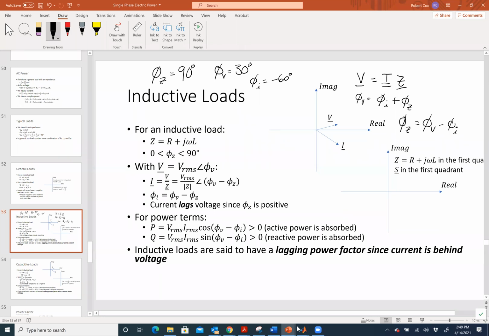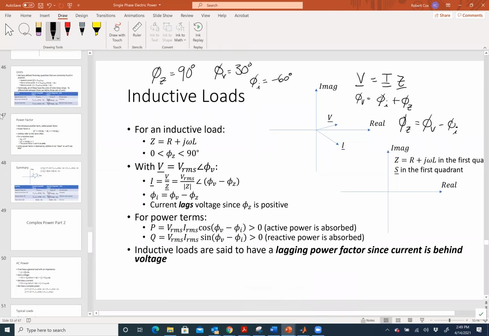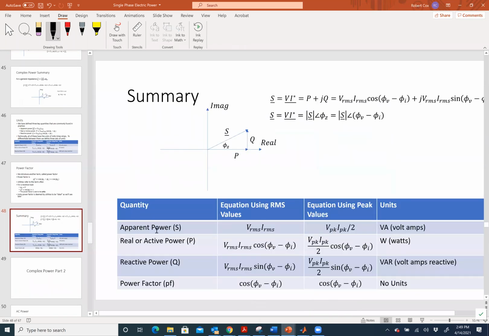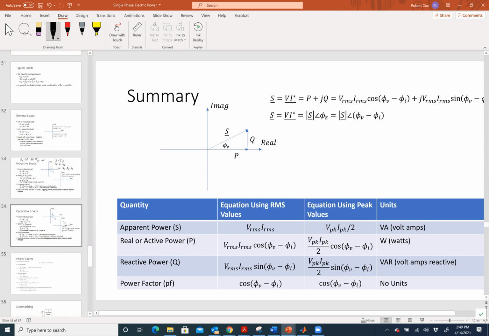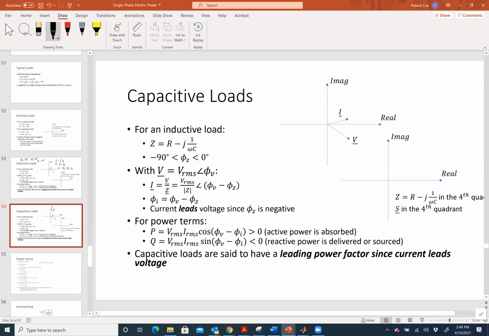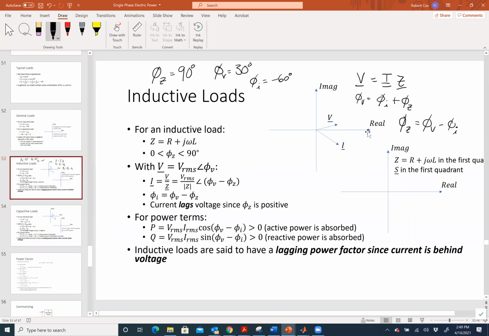In this particular case, the angle of that complex power vector I talked about up here is phi sub Z. If I have an inductive type of load, I say that this load has a lagging power factor.